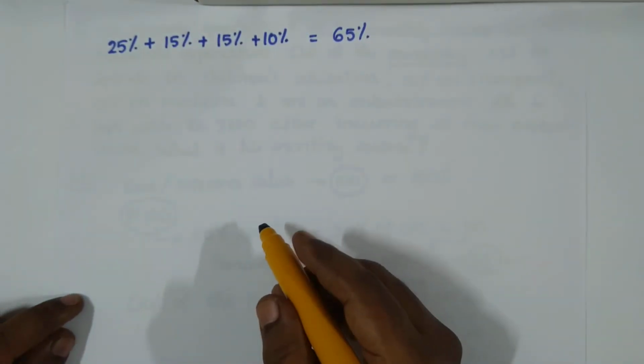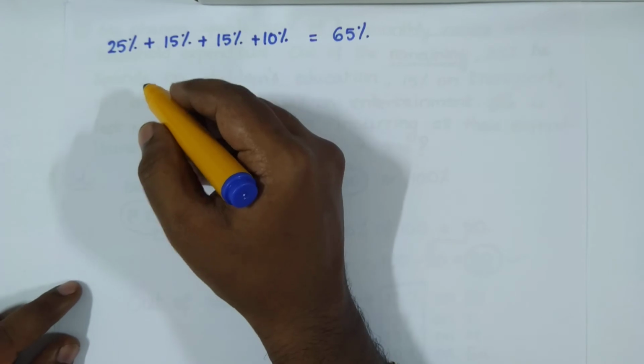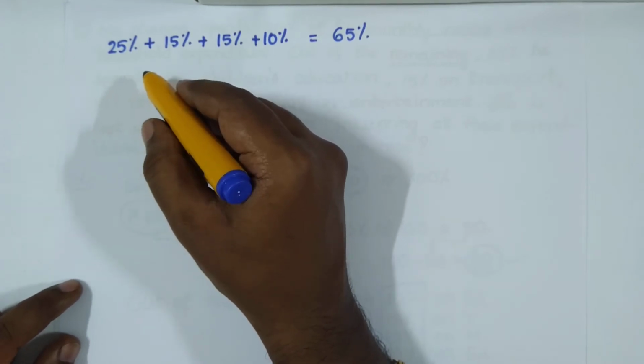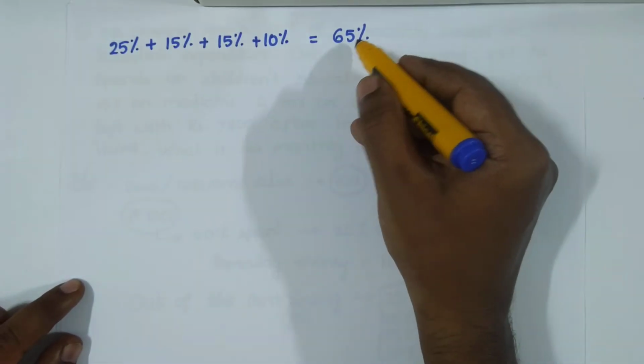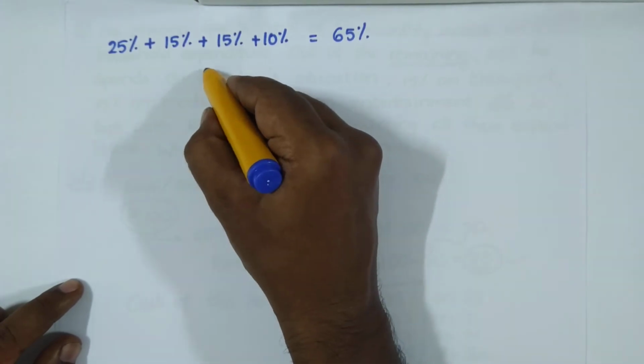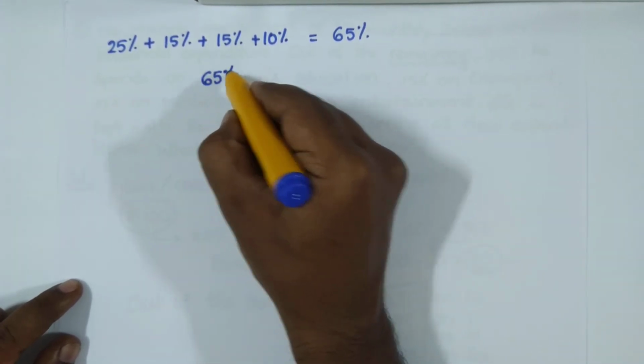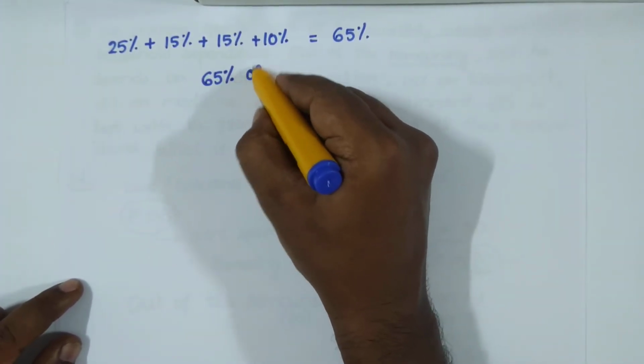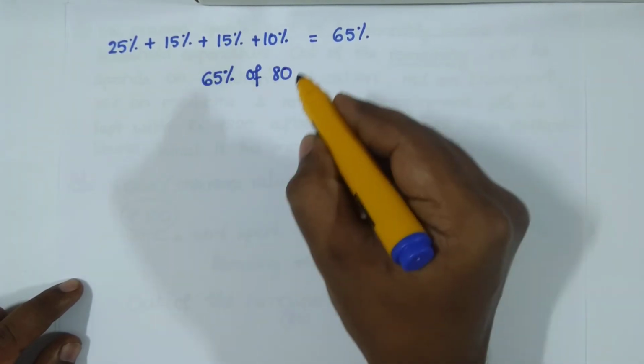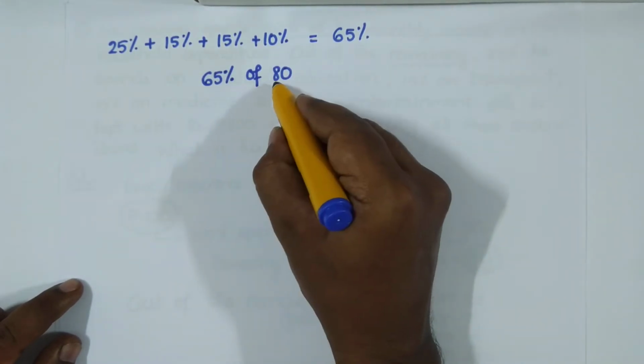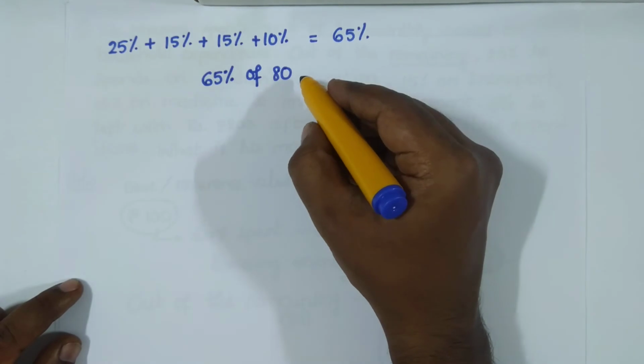Out of the remaining he spends this much, 65 percentage. So 65 percentage of 80, of the remaining he has spent.